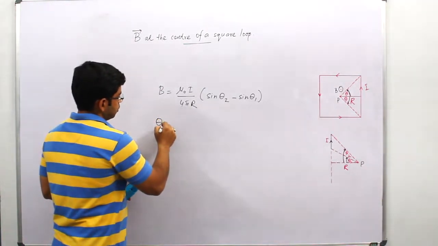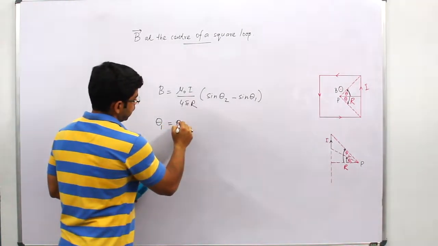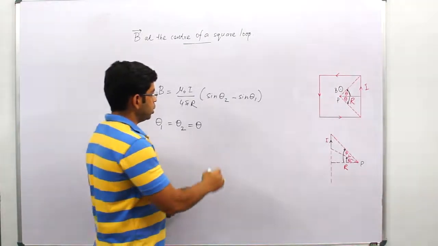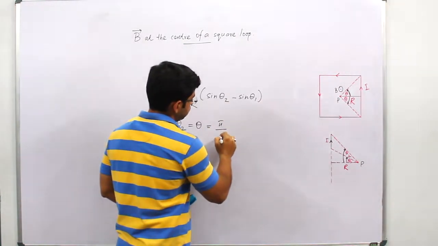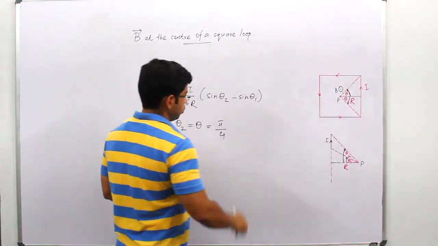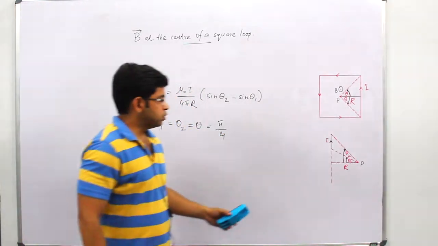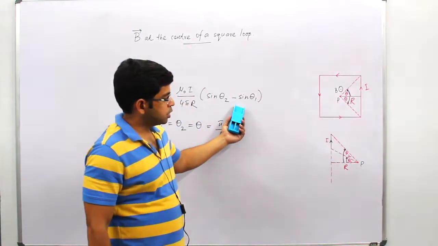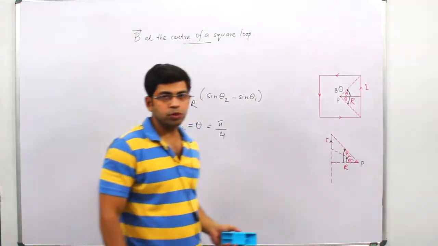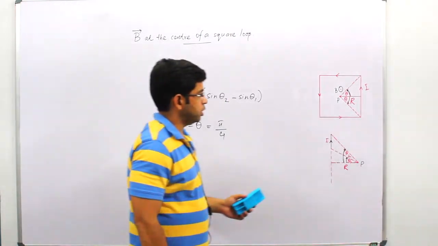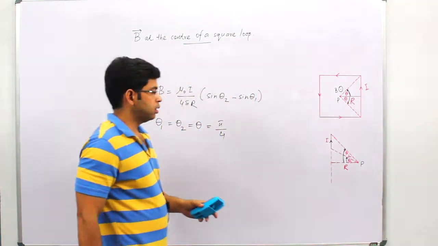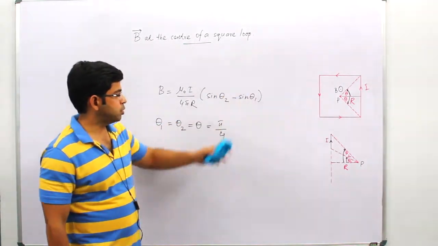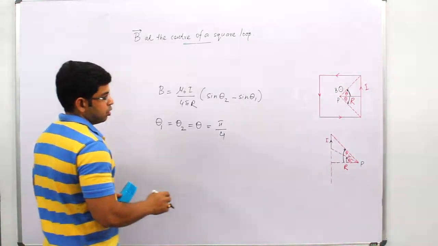For example, here both theta 1 and theta 2 are considered as theta and both are equal, and both will have a magnitude of pi by 4. Also, the sense of rotation of the angle theta 1, as we considered in the previous case, is opposite to the sense of rotation of the angle theta 1 here. Theta 1 is the lower angle, so here we have to include a minus sign. So this will basically be plus sin theta in our present problem.